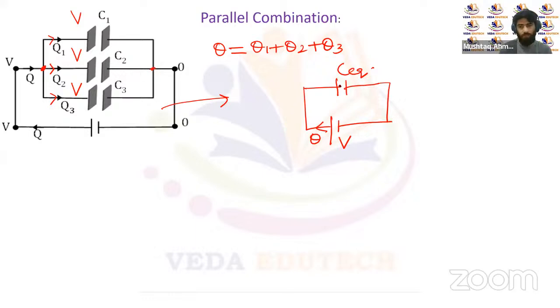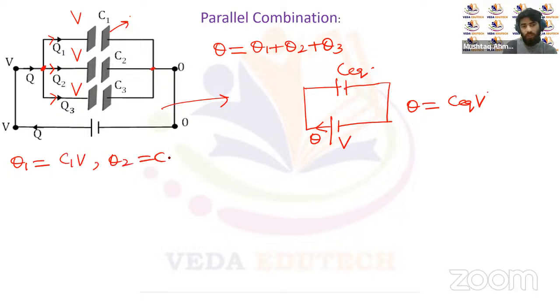And this Q will be equal to C equivalent into V. And V is the potential drop across each capacitor, so Q1 will be equal to C1V, and similarly, Q2 will be equal to C2V, and Q3 will be equal to C3V.